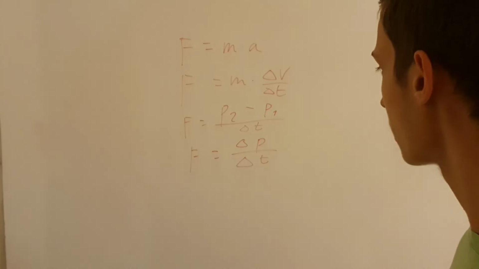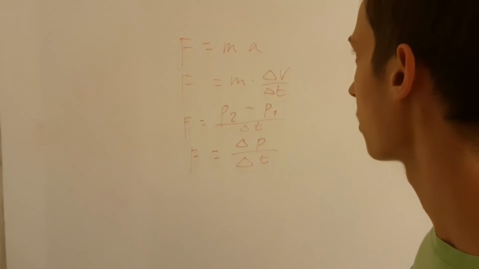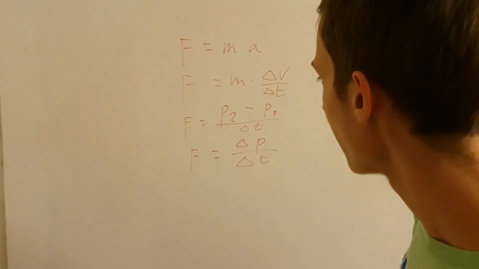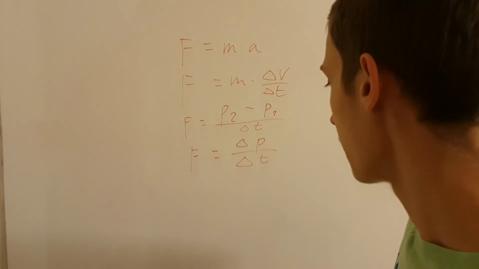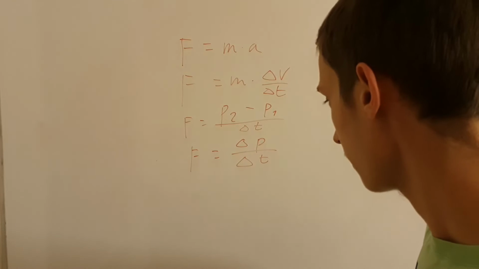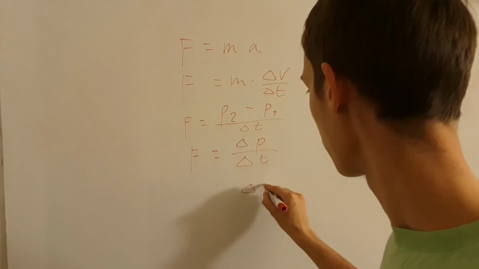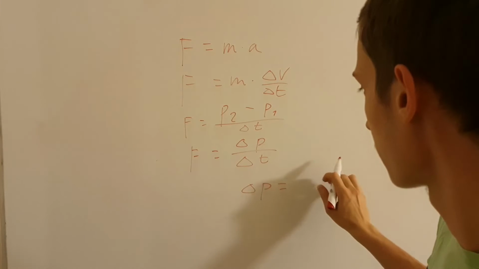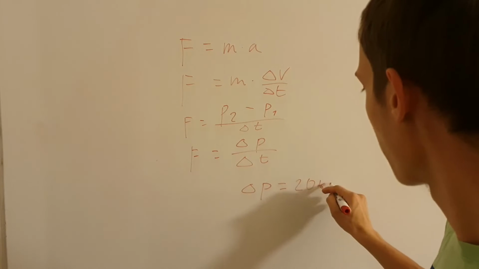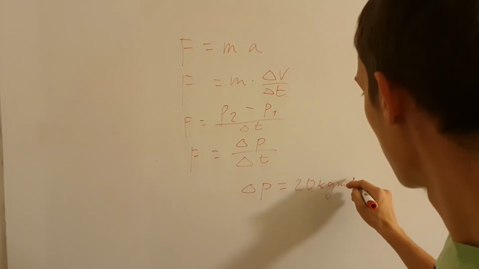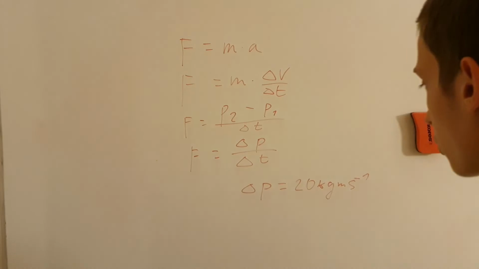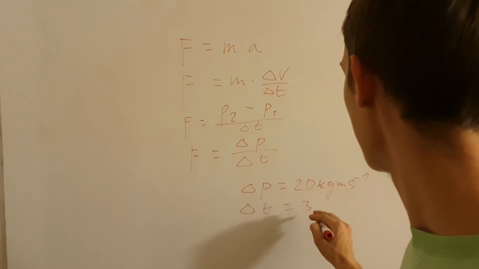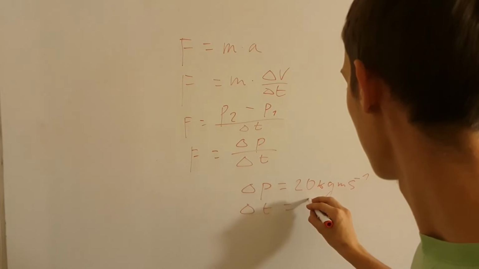Alright, so let me think about what kind of net force that would be if the change in momentum was, let's say, 20 kilograms meters times second to the minus 1, and the change in time would be, let's say, 3 or maybe 5 seconds.